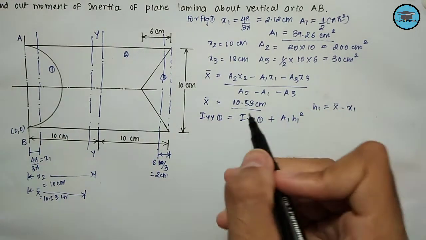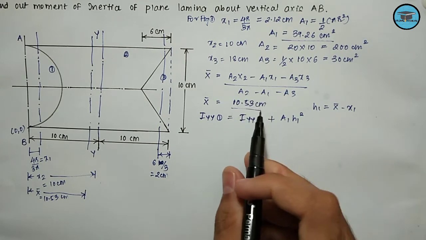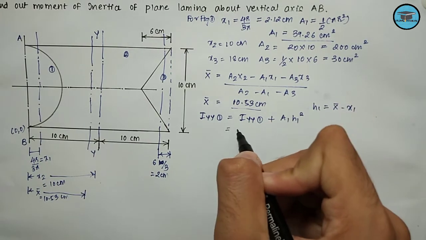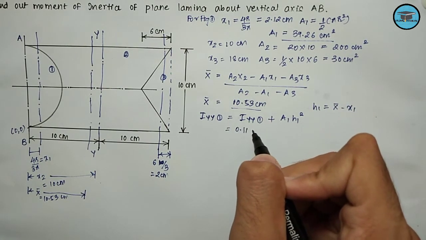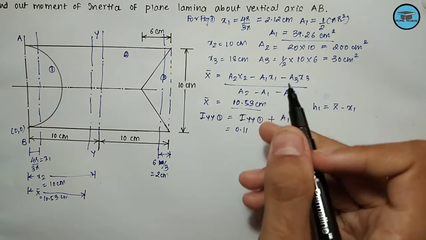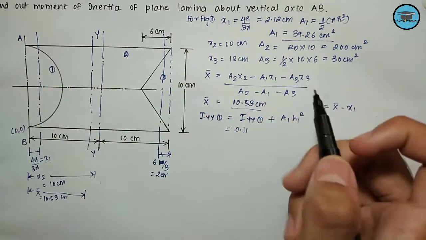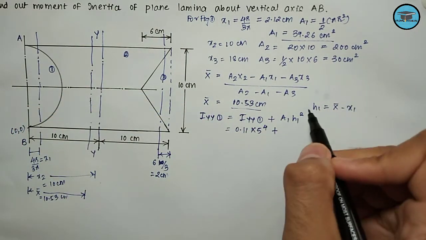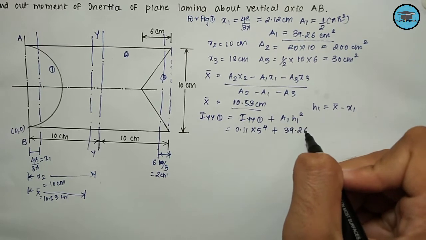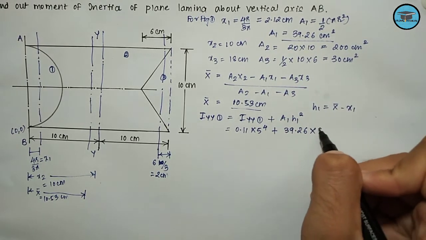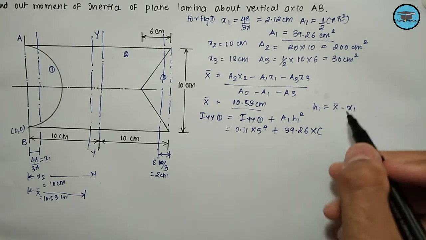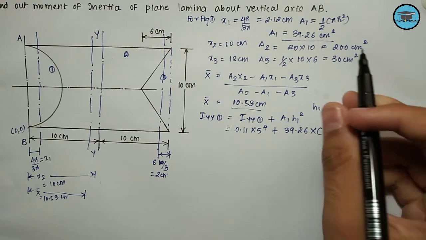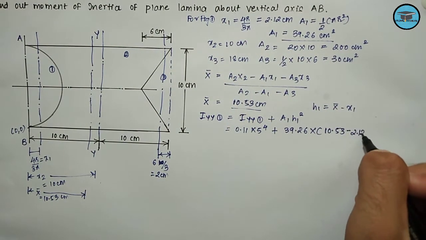Okay, so we will be placing the value, and the moment of inertia of this semicircular region we have obtained as 0.11 r raised to 4, which we have discussed in the previous tutorial. So 0.11 into r raised to 4, and here r is 5 centimeters, so 0.11 into 5 raised to 4 plus area, that can be given as 39.26 centimeter square, that we have obtained already, into x1 square, that is x bar minus x1, and x bar is given as 10.53 minus x1, that we have obtained as 2.12 whole square.